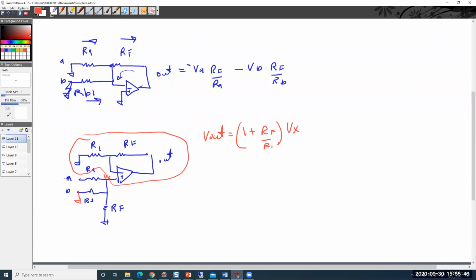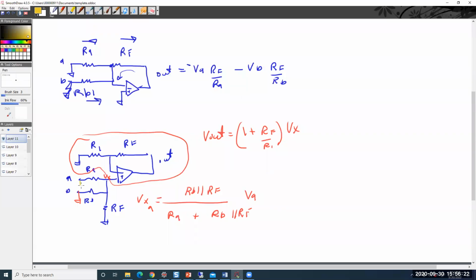So if VA is the input and the voltage is measured with respect to ground, that voltage division is going to be RB in parallel with RF over RA plus RB in parallel with RF. So Vx due to A is that.